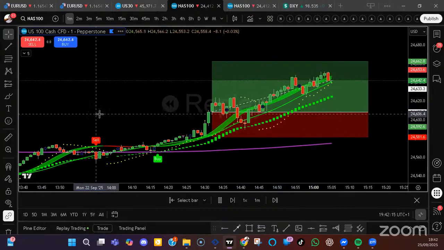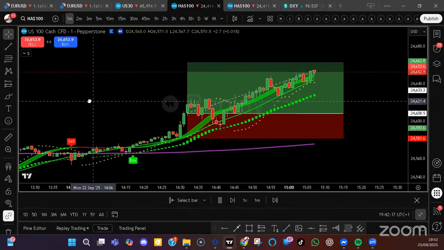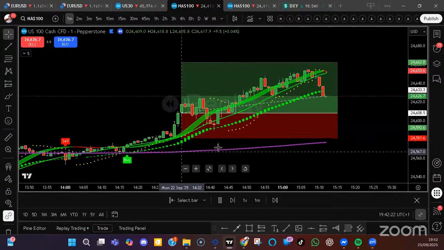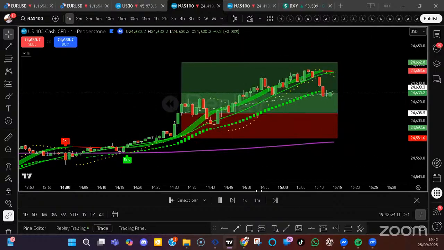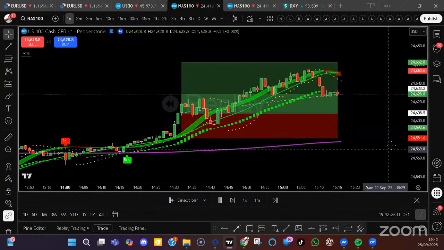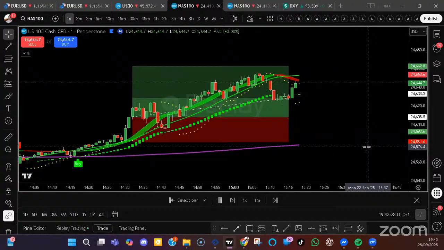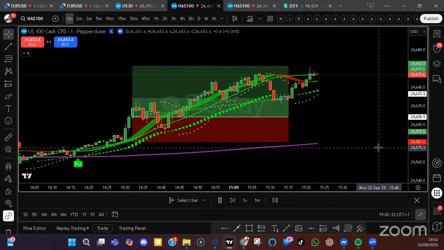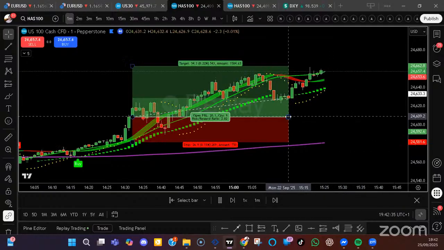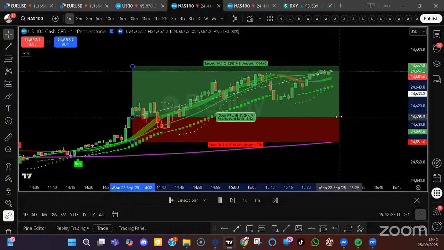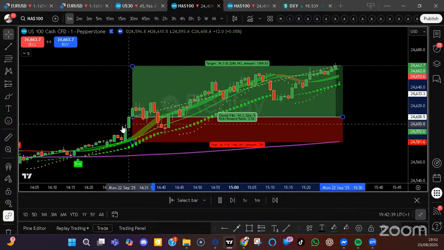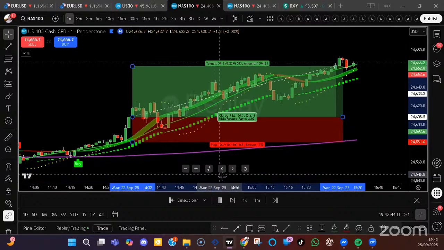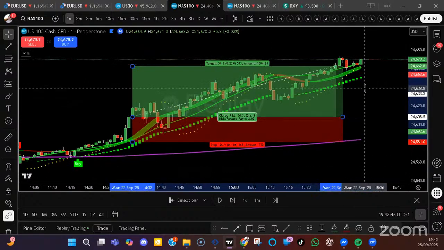Just dragging it across. It's very nervy. What's it doing? I do believe I could have got my 2% nearly. Yep, done. There we go. There's another stop. There we go.